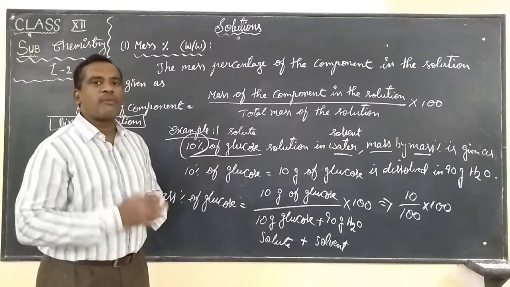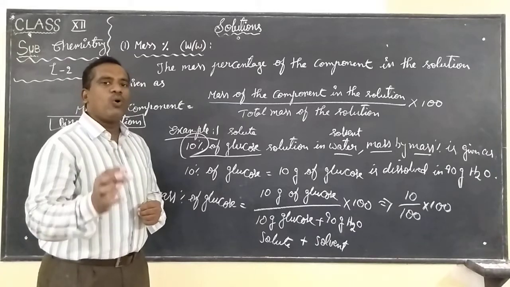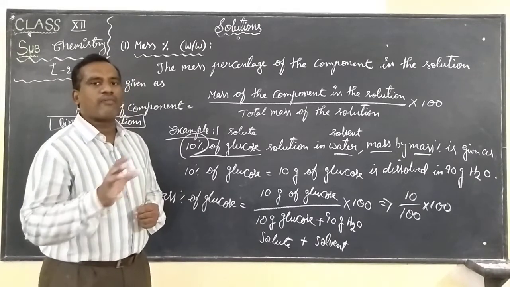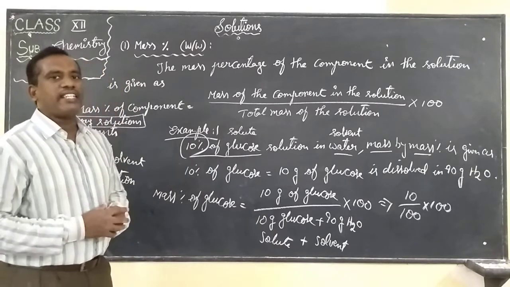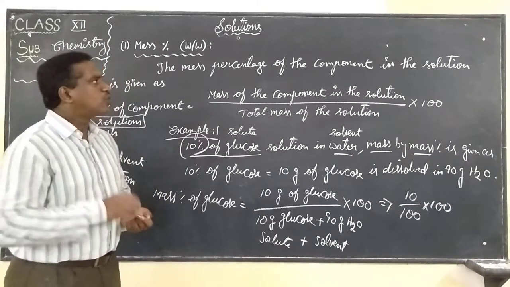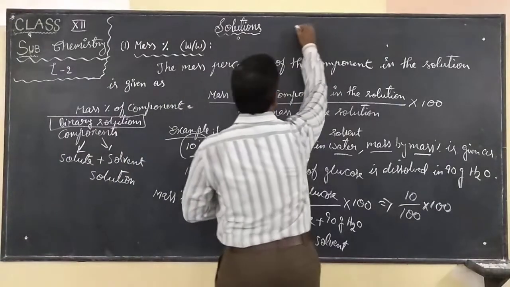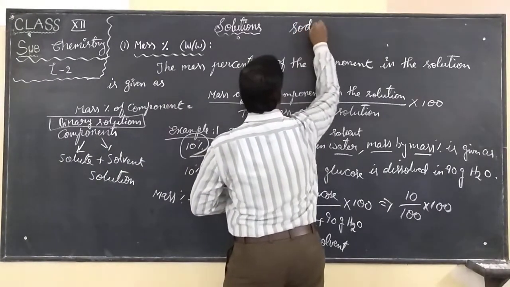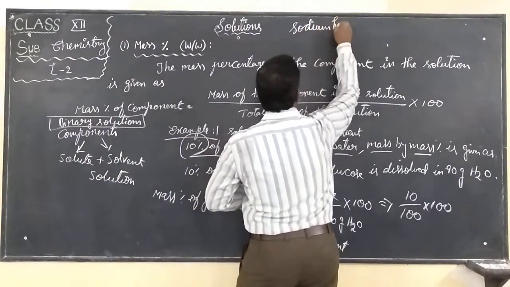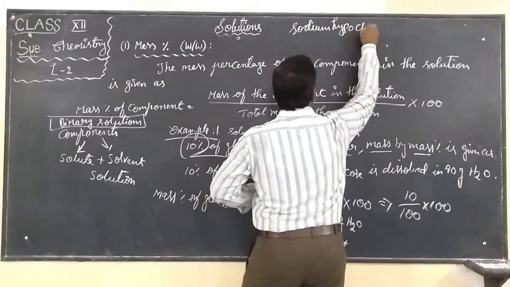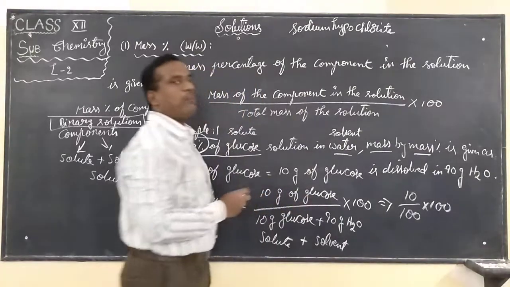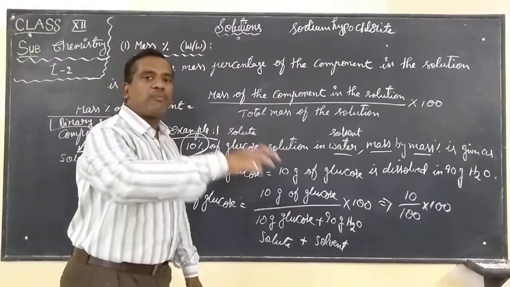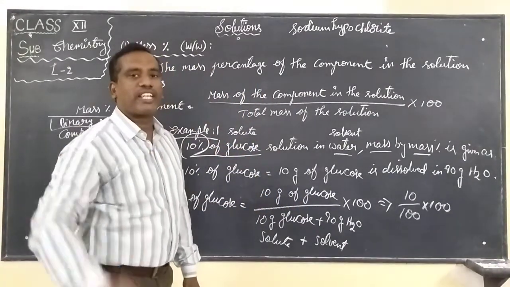In that water treatment plant, we need to purify the water from germs or microorganisms. In that case, they apply sodium hypochlorite. This sodium hypochlorite is applied to the water to disinfect it.